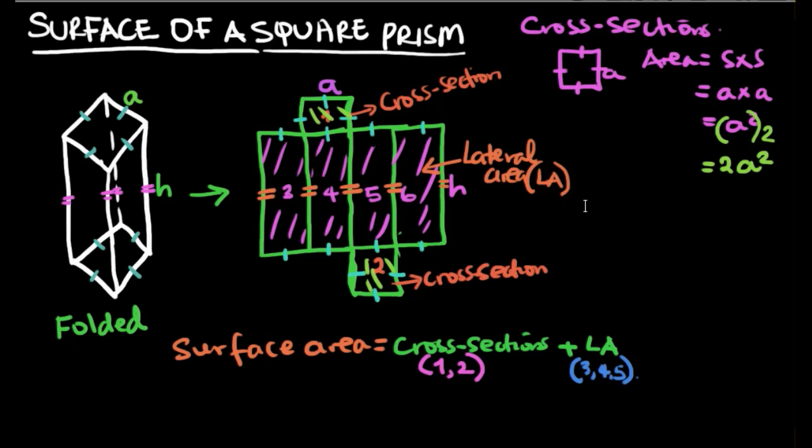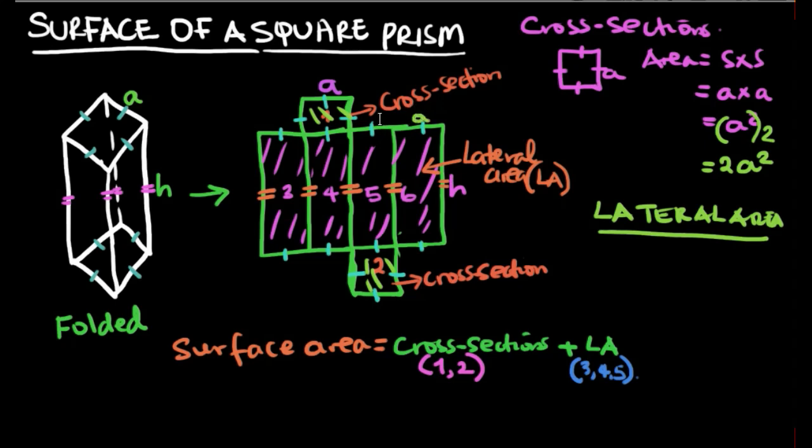Now let's get the lateral area. For the lateral area, we have 3, 4, 5, and 6.